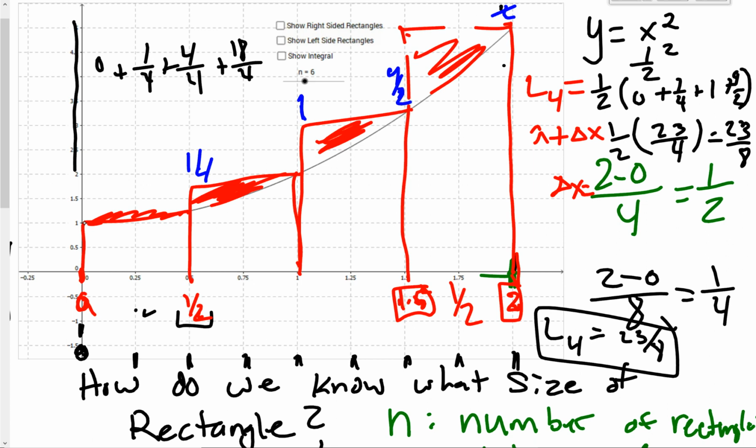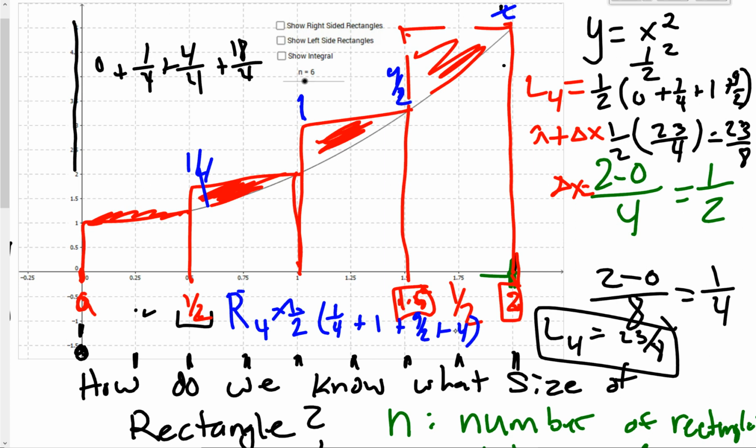Okay, so instead of starting at 0, I'm going to start at 4 for my y values here. So the right-handed with 4 rectangles is equal to 1/2 times 1/4 plus 1 plus 9/2 plus 4.